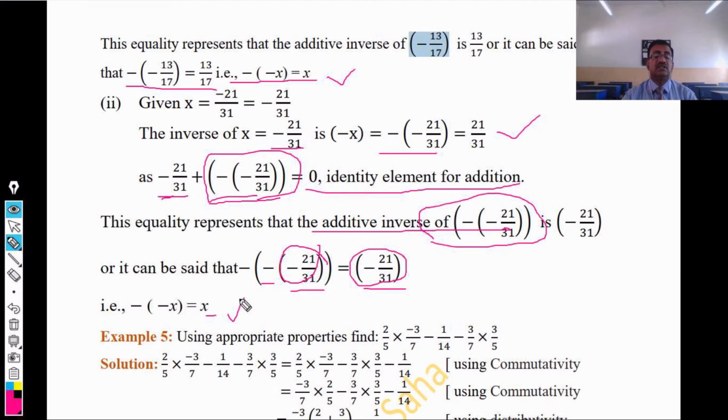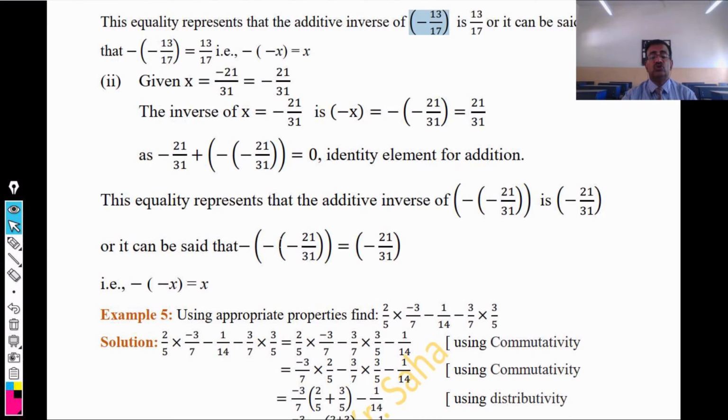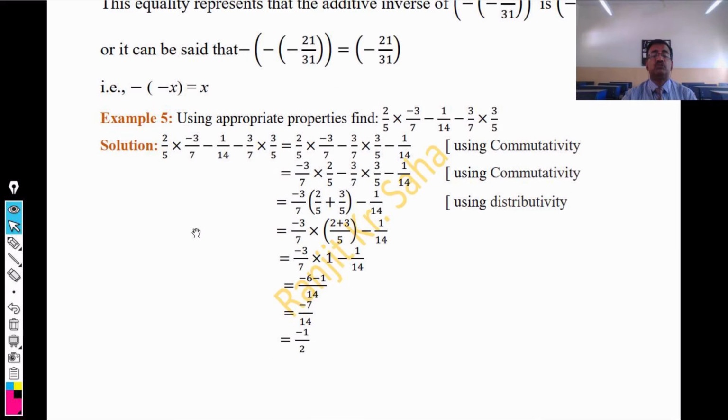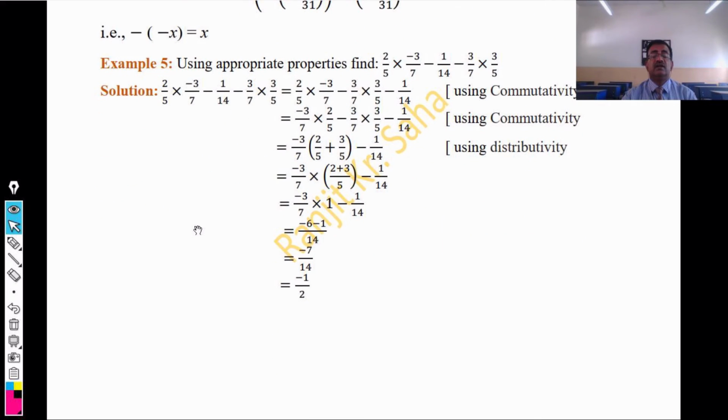Now, students, there is an example, very important, because here you have to solve it using properties. It is not allowed to solve it any other way.